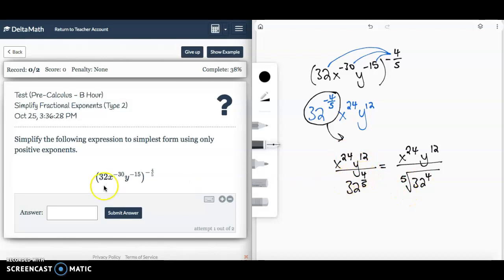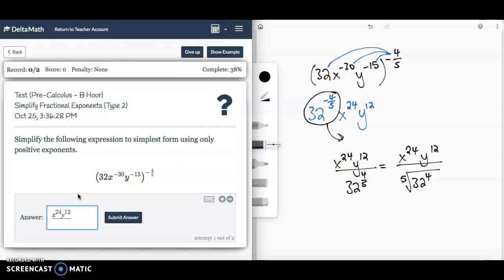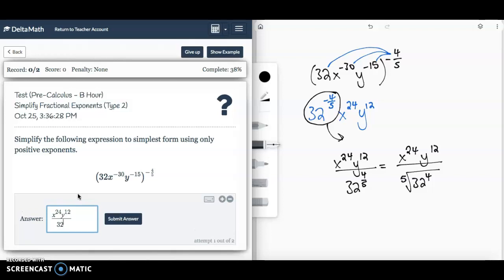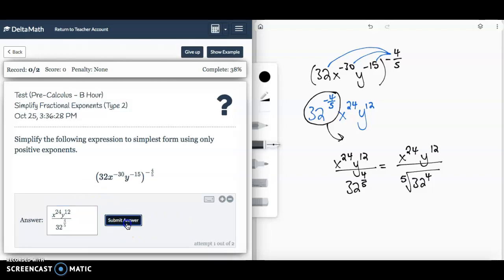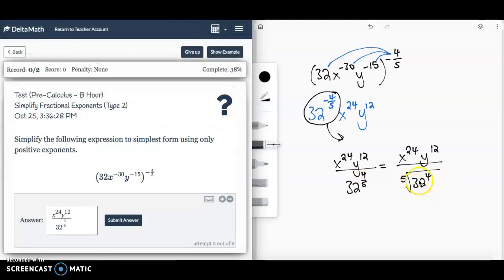I think I'm going to try just plugging this part in right off the bat because this says simplest form using only positive exponents, which technically has everything with positive exponents. But again, it's just weird notation. So 32 to the 4/5. Let's see if that will actually accept it as an answer. Nope. Okay, so you actually want to solve it out.